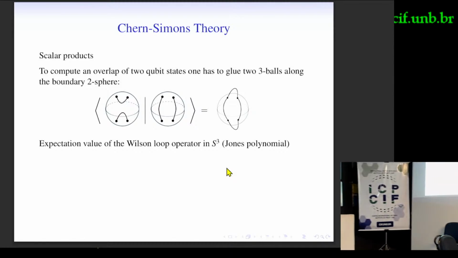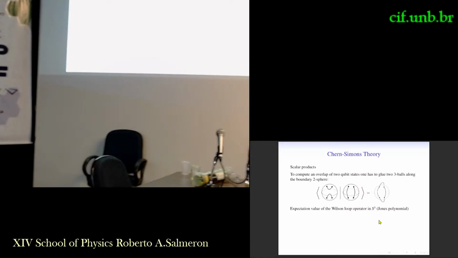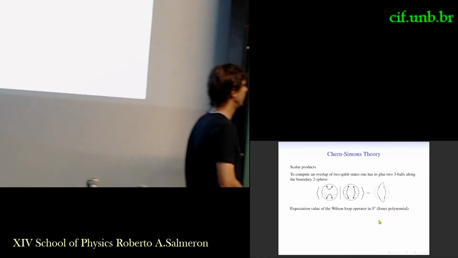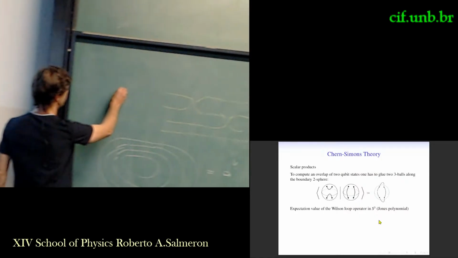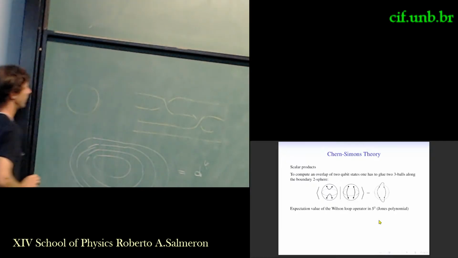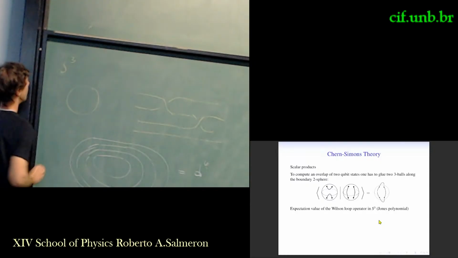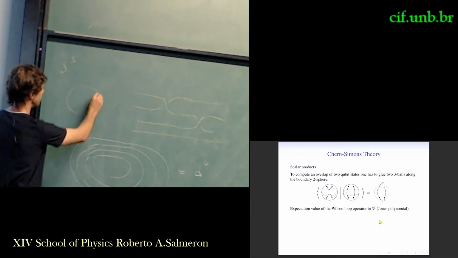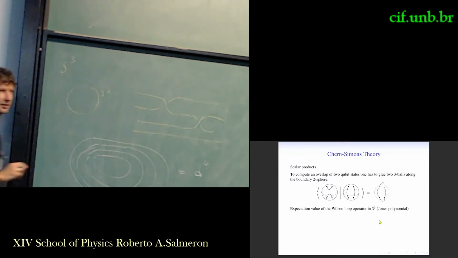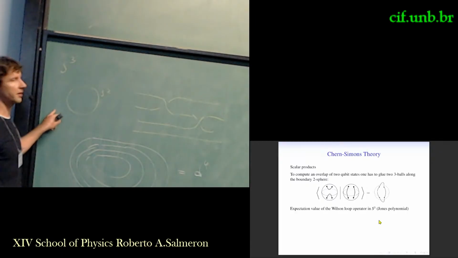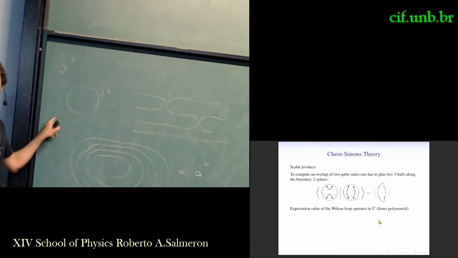So S3 is a compact closed space, and if you draw a sphere in S3, then the interior of the sphere will be a 3-ball, right? This is what we know as the 3-ball. But the exterior will also be a 3-ball. This is the difference between R3 and S3.